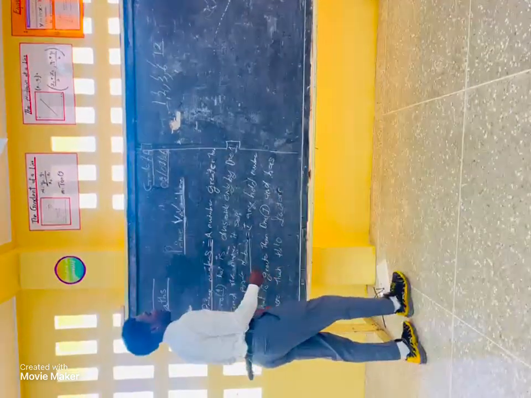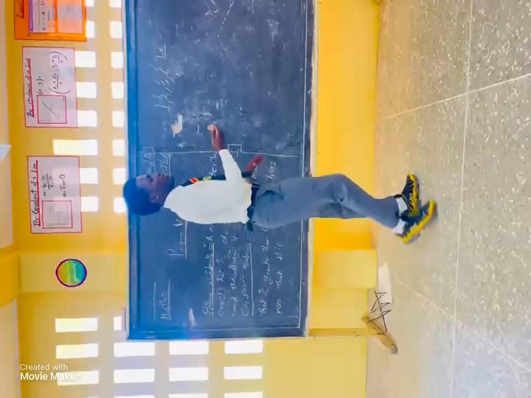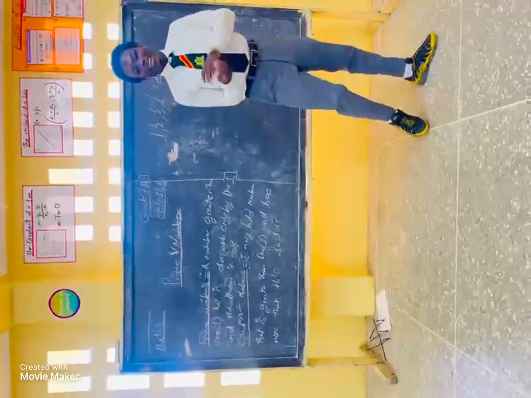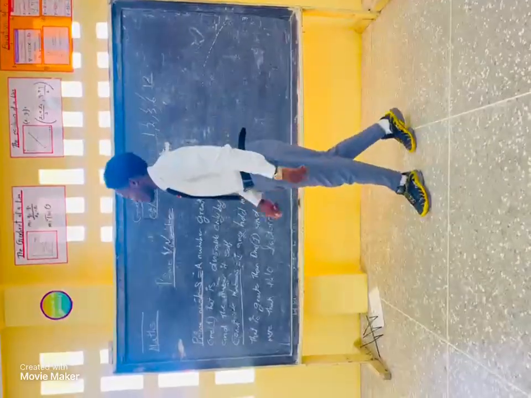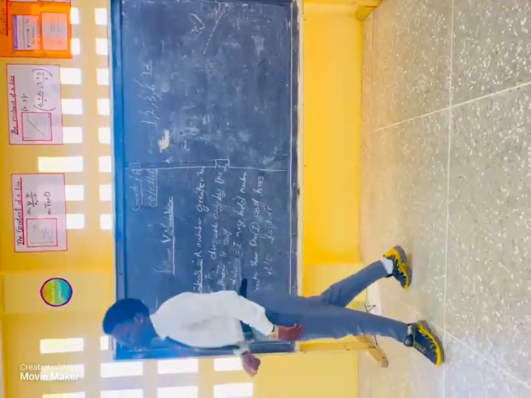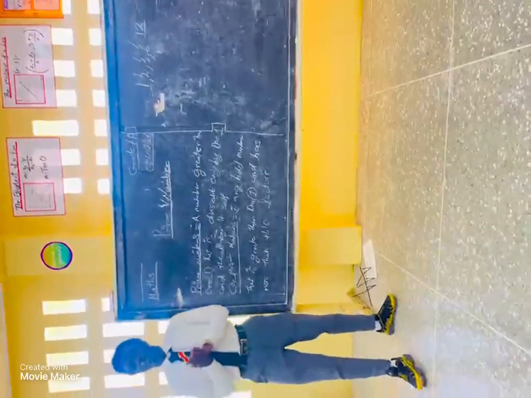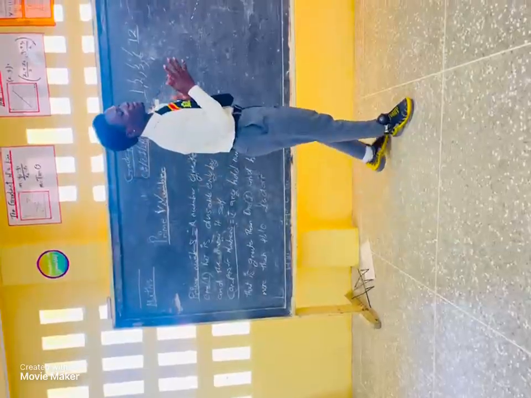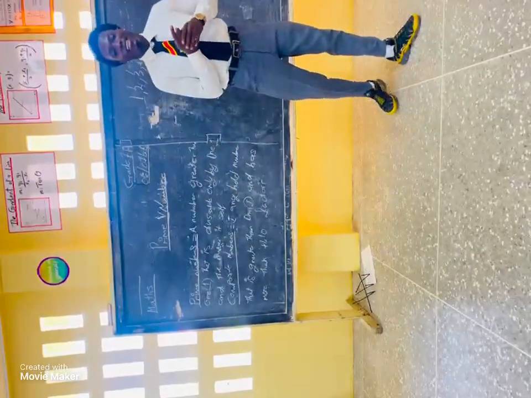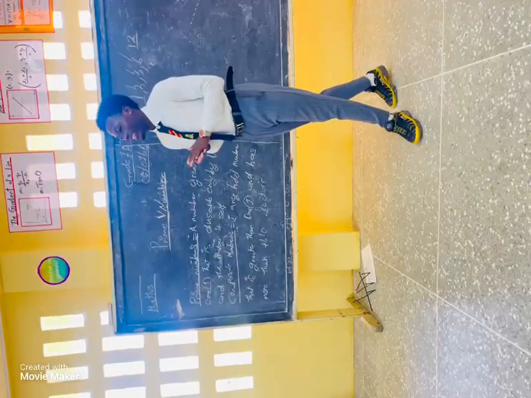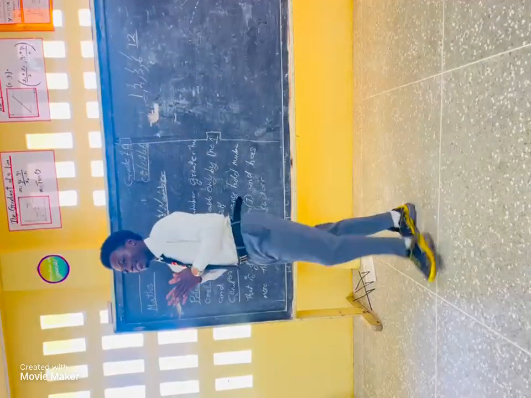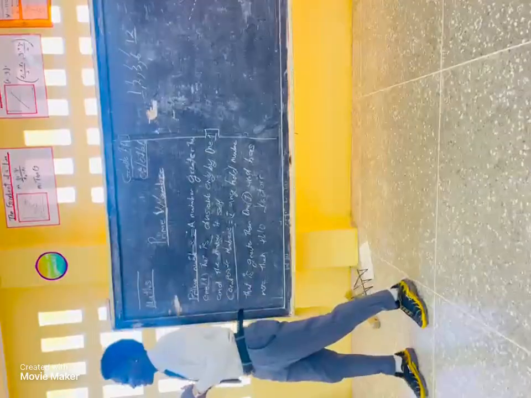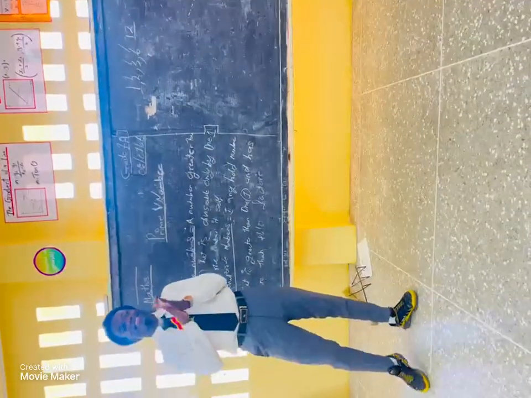Good. Now, as you see on the board, we didn't do any example for the prime number. This was deliberately left out so that you, the class, can find one whole number that is only divisible by 1 and itself.